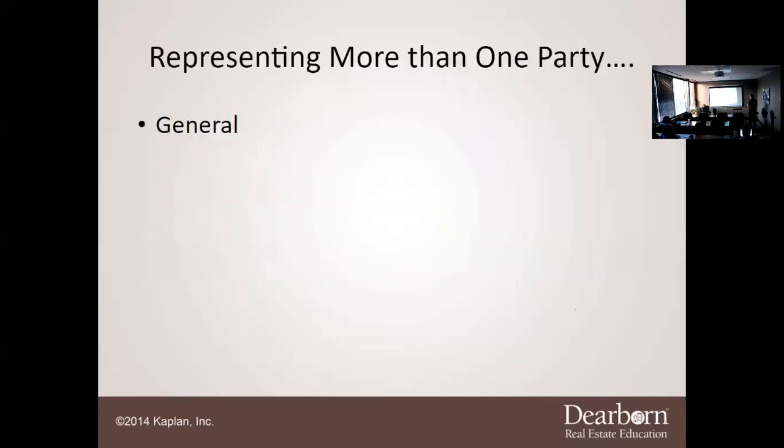So, when representing one party, you have to understand the difference between statutory and common law. I'll make it real simple for you. If you're writing your slides down or taking notes, under statutory, put black letter law. I'll say that again. Under statutory, put black letter law. Under common law, put judge-made law.